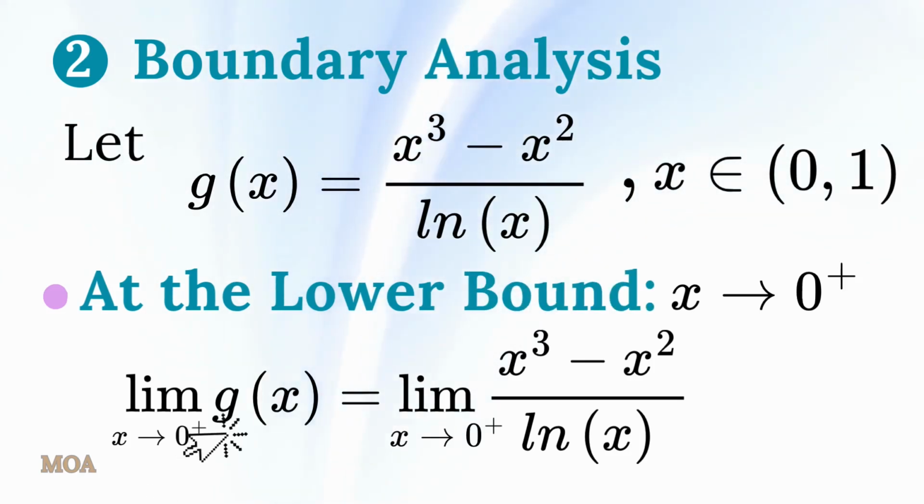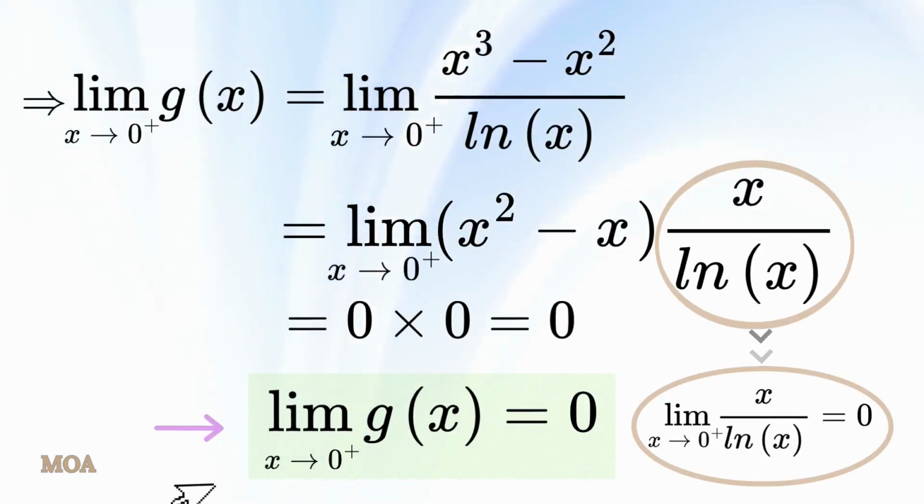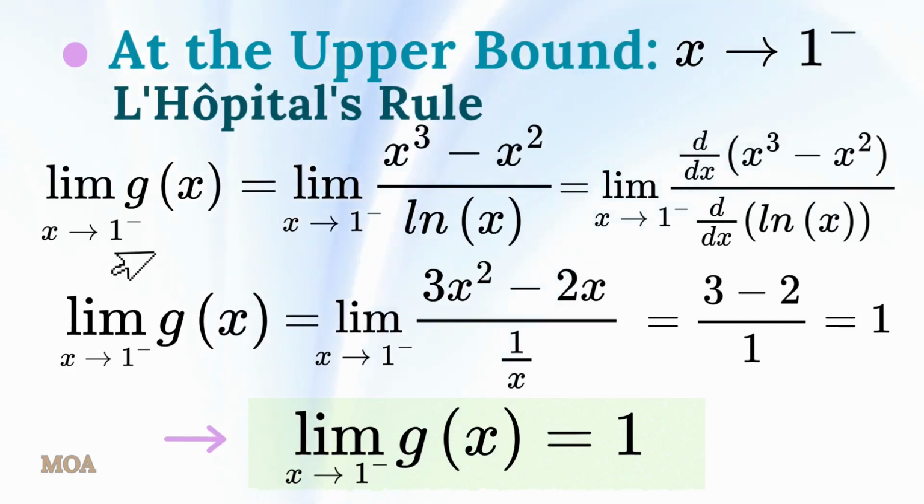At the lower bound, as x approaches 0 from the right, the limit of g(x) equals 0. At the upper bound, as x approaches 1 from the left, the function g(x) yields a 0 over 0 indeterminate form. To resolve this indeterminate form, we apply L'Hopital's rule.